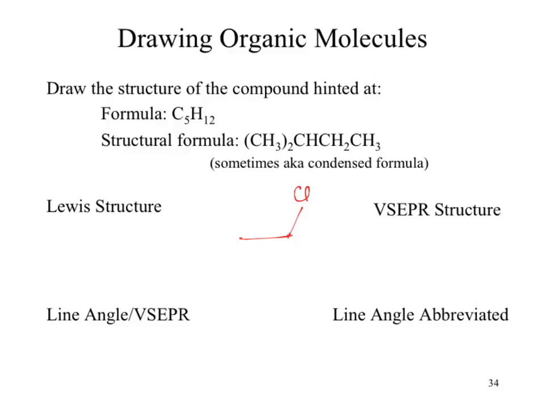So we can introduce ideas of shape. We show that with wedges and dashes. The wedge is coming at you, out of the paper. Okay, the dash is going away. The solid lines are in the plane of the paper. Really important for chapter 3 and kind of chapter 4.